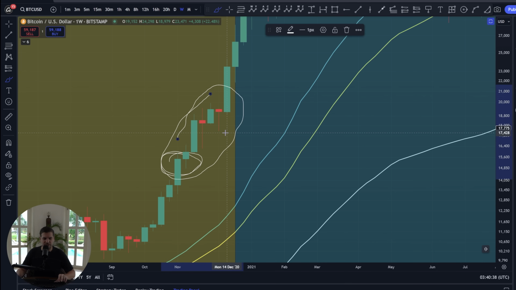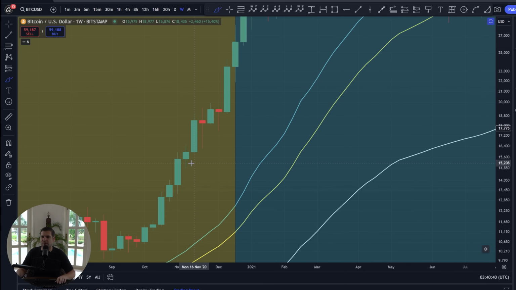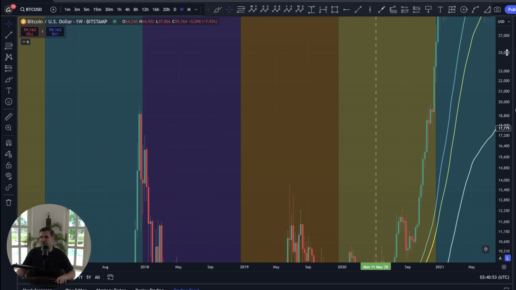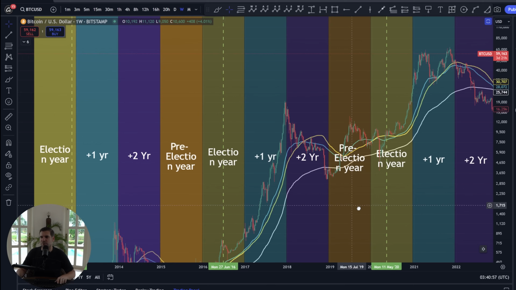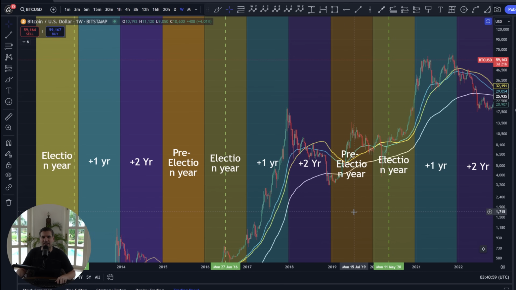Although there was some more volatility over the couple of weeks after the US election, we did see a push to the upside, taking that price action from 15,464 to approximately 18,500. That means 3 out of 3 times we have seen the Bitcoin price action react positively to the US election day in early November.